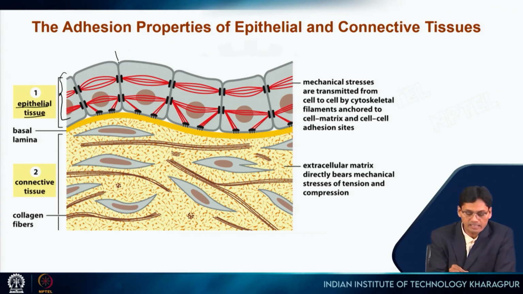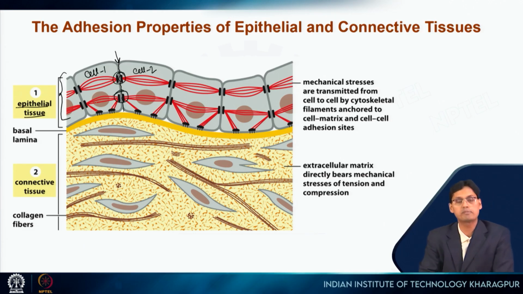You can see here, this is the attachment site. If this is cell 1 and this is cell 2, you can see they are attached here, and some cell-to-cell junctions are present here also. In addition to that, this red fiber-like structure is nothing but cytoskeleton.